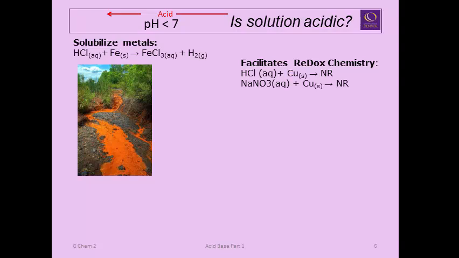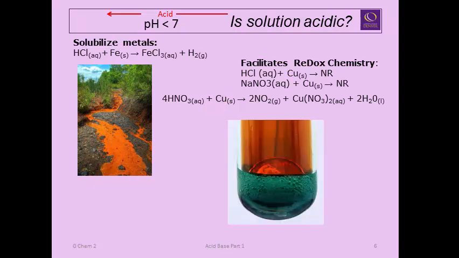And here's a good example: if you were to take copper and react it with hydrochloric acid, it wouldn't react because copper is a very non-active metal, as are many of the precious metals. By the same token, if you took a nitrate ion and put it in the presence of copper solid, no reaction. But if you combine these together, you make the nitrate ion acidic, as in the case of nitric acid, you get this very vicious reaction.